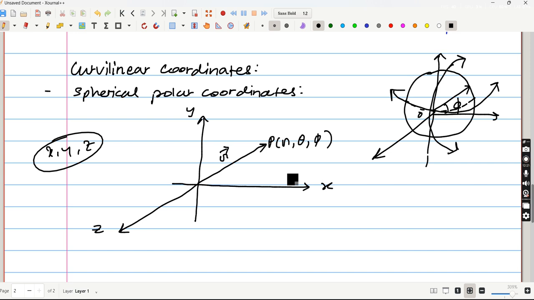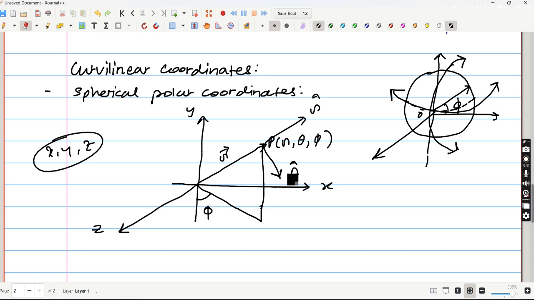Okay. So this is going to be your r cap vector. Theta cap is going to be orthogonal to r cap. So this is going to be the theta cap vector. You can actually draw a projection. The phi cap is going to be a projection of your r vector. So this is the angle phi. It accounts for the motion in the horizontal way.